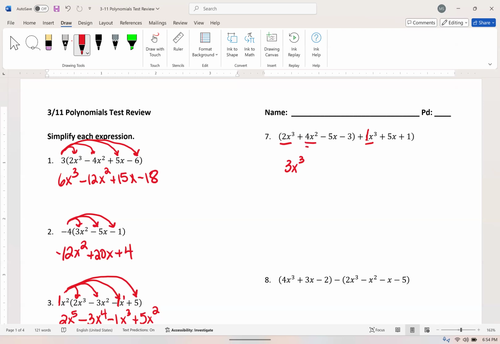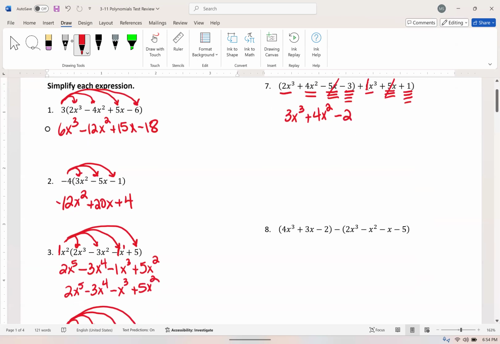I only have one term that's a square, so 4x squared. Then we have a negative 5x and a positive 5x. Well, negative 5 plus 5 is 0, so those basically cancel out. And then negative 3 plus 1 is negative 2. So 3x to the third plus 4x squared minus 2.